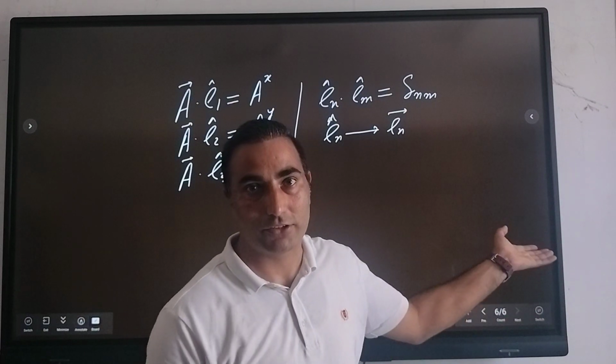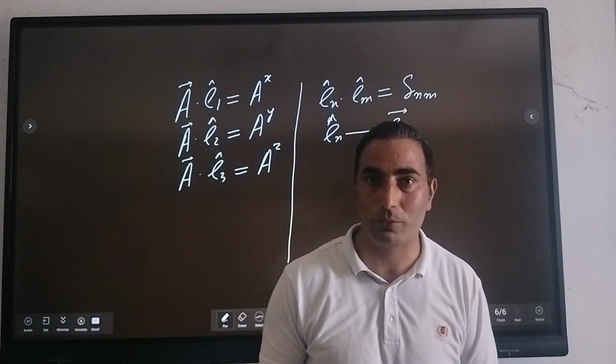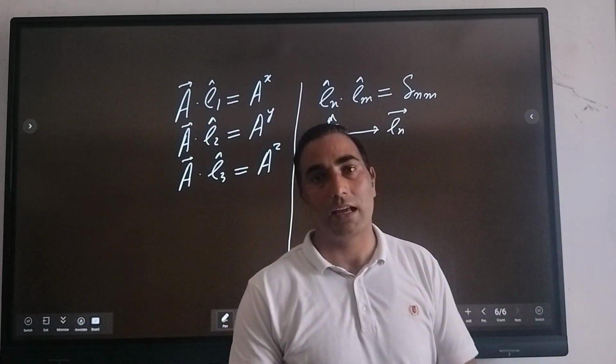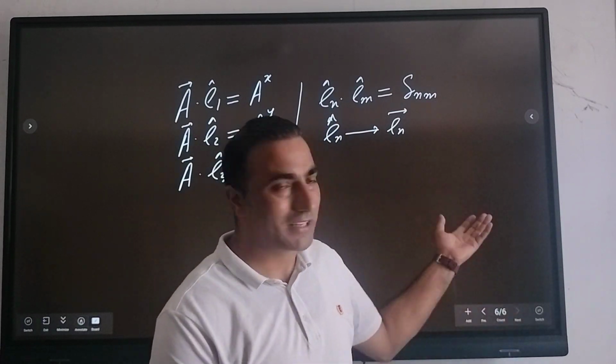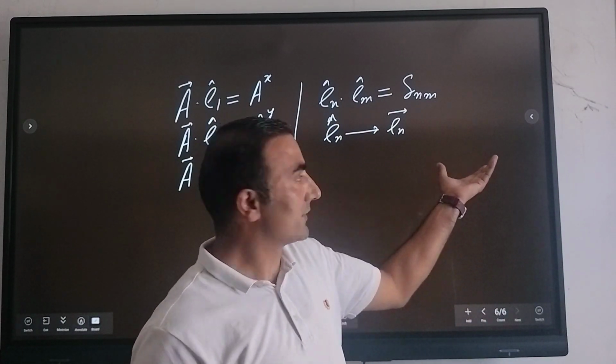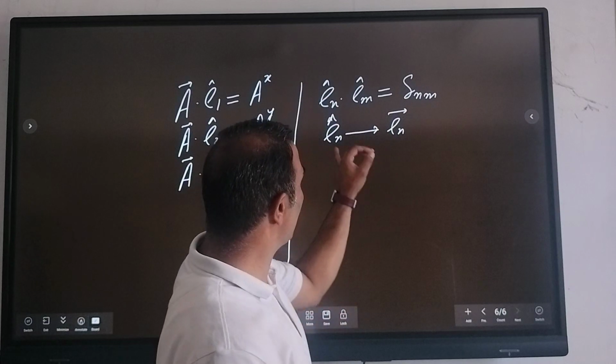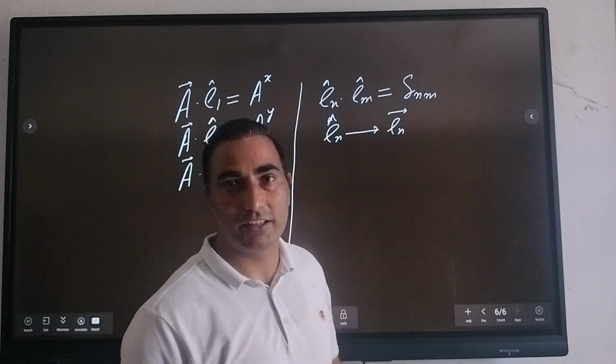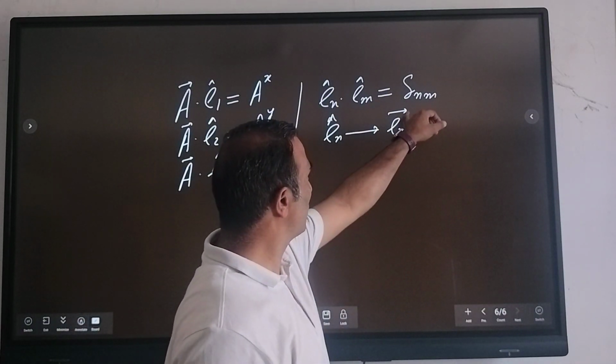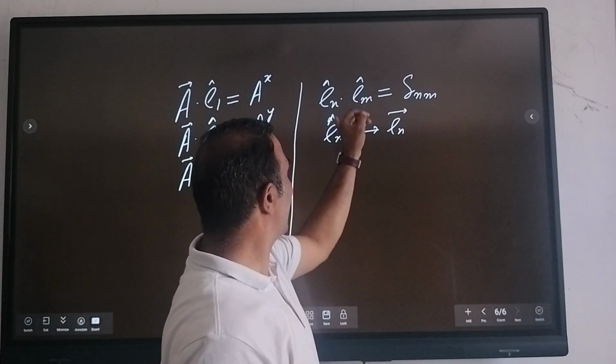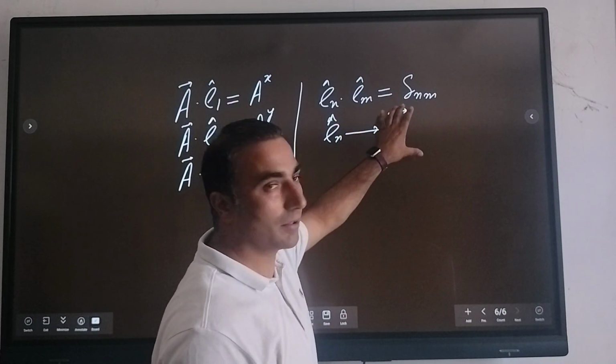As I already mentioned, how can we define a basis? They should be linearly independent and they span the space. Both of these conditions are satisfied by these unit vectors. So I am replacing this unit vector by these basis vectors. That's why you can put an arrow here, right? And there was a cap, so this was a unit vector. Now this is a basis vector.